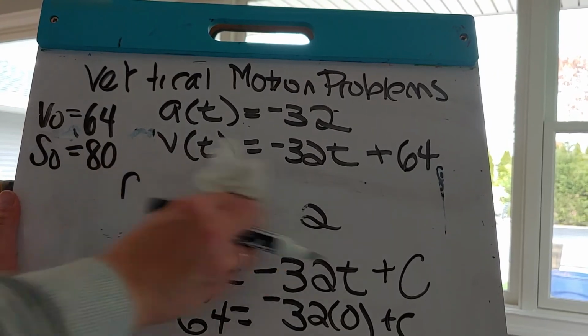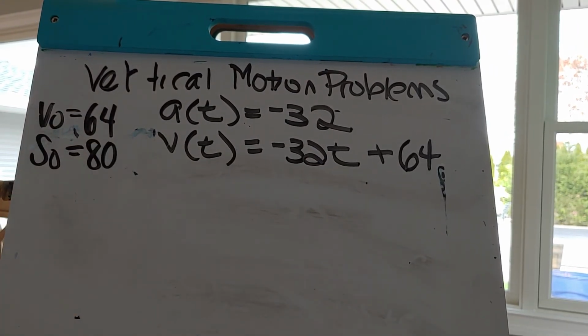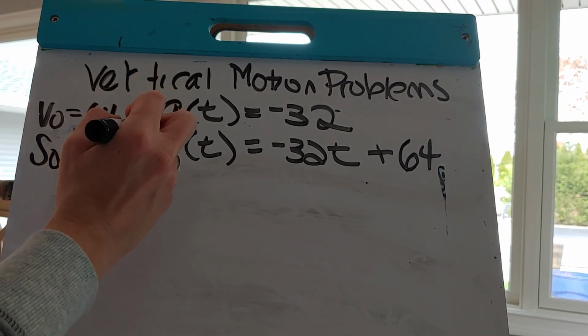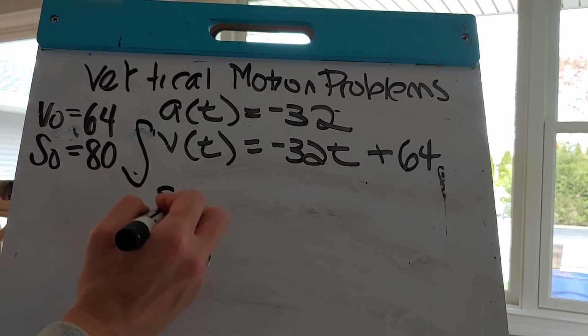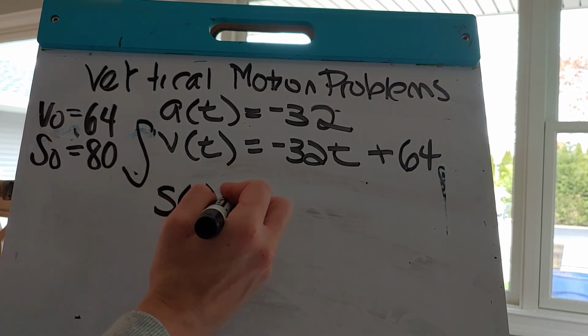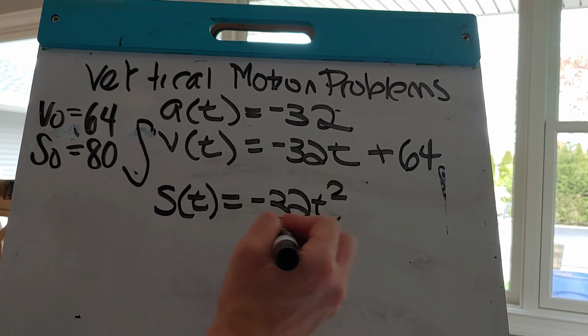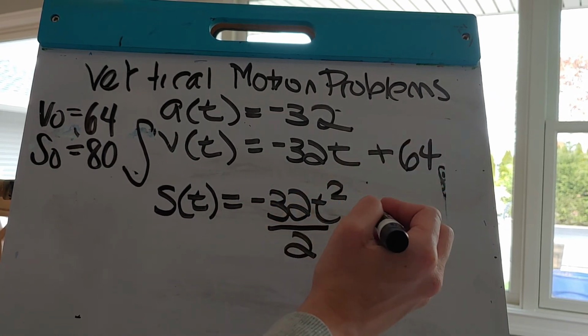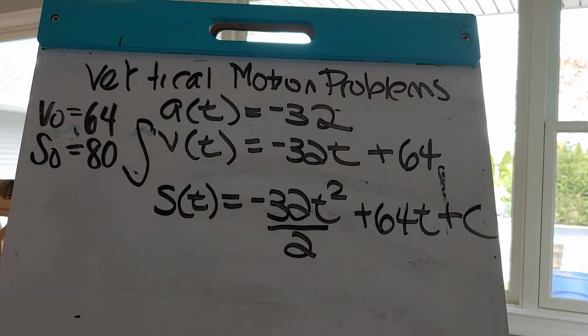Now if I integrate my velocity function, I will get my position function. So I'm going to integrate v of t, and I get s of t. I add 1 to the exponent and divide by it. 64 now gets a t, plus c.